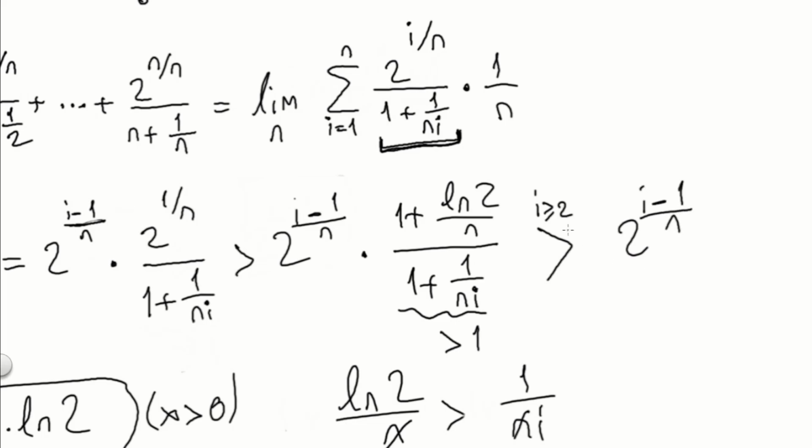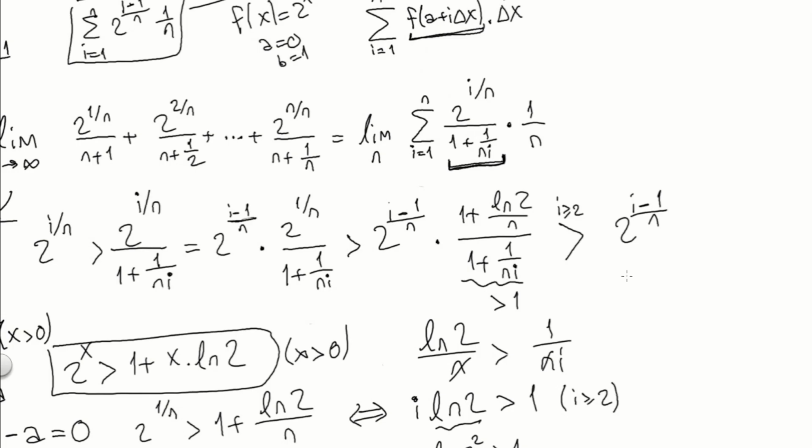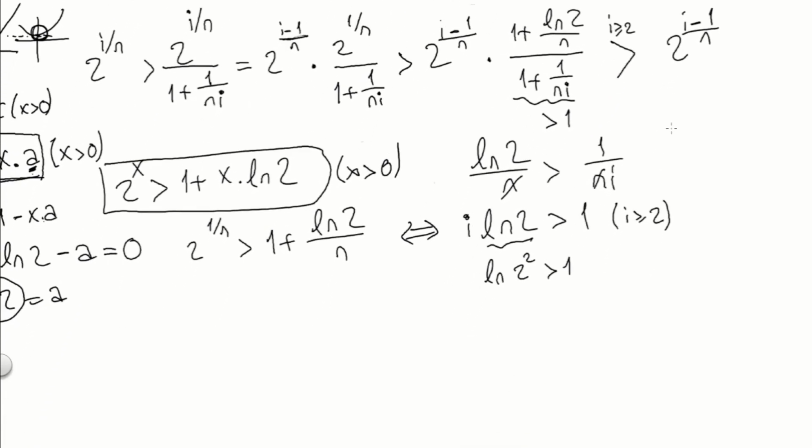Okay, cool. So now let's see how we can use it. So basically what we found is that 2 to the i over n is bigger than 2 to the i over n over 1 plus 1 over ni, which is bigger than, but this is true only if i is greater or equal than 2, and this is true for i is greater or equal than 1.